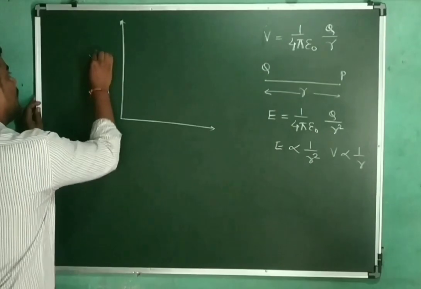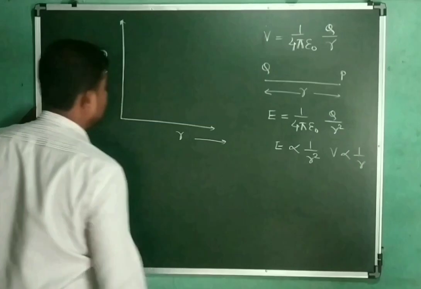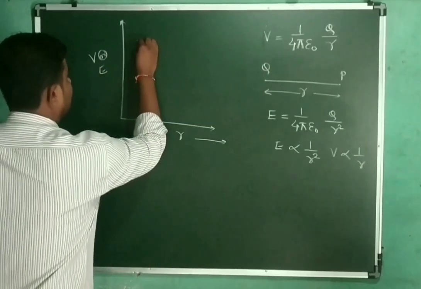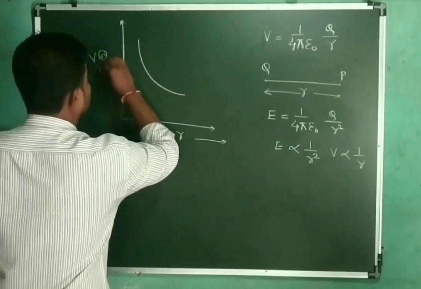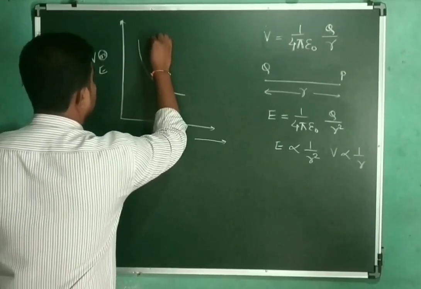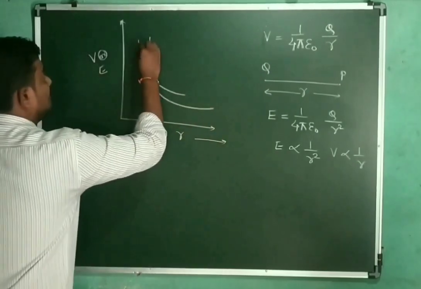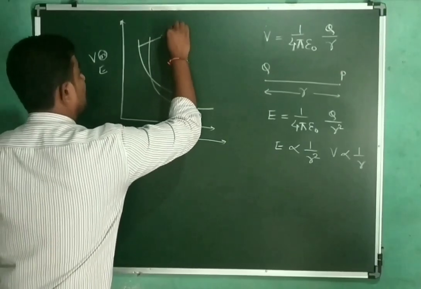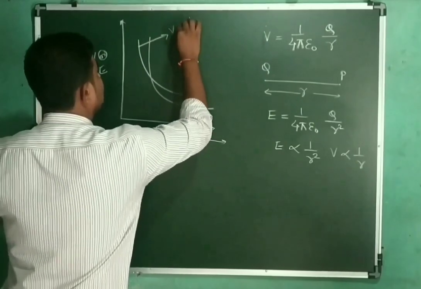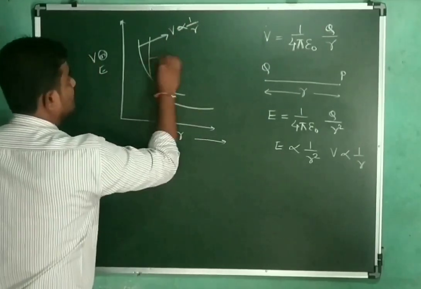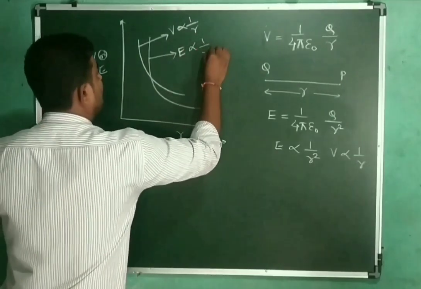This is V or E, and this is R. This graph is the electric potential graph: V is inversely proportional to R. And this is the electric field graph: E is inversely proportional to square of distance.